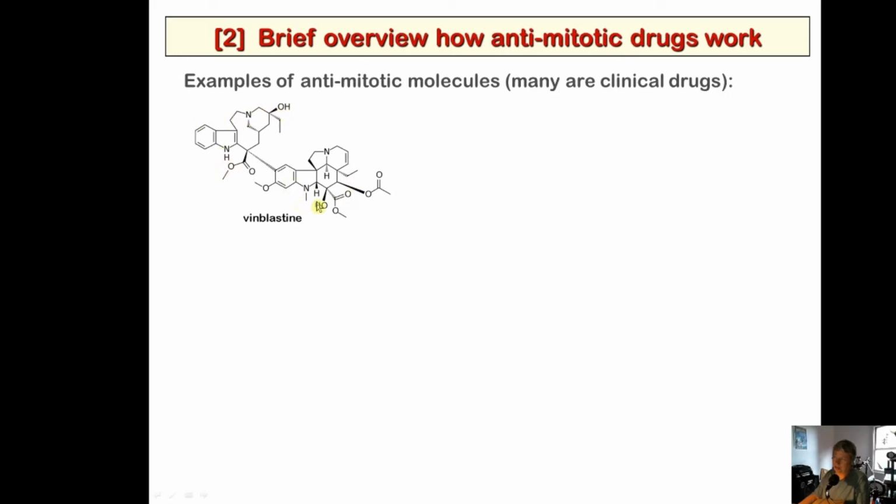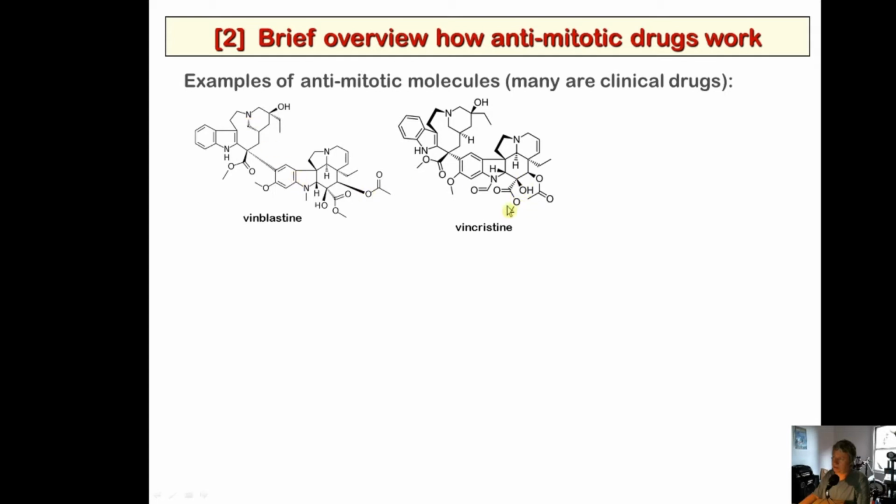So this is vinblastine, a natural product antimitotic drug that binds to tubulin. Vincristine is another one, with a very dense arrangement of functional groups. These are related, called vinca alkaloids, a class of drugs that have a similar structure.